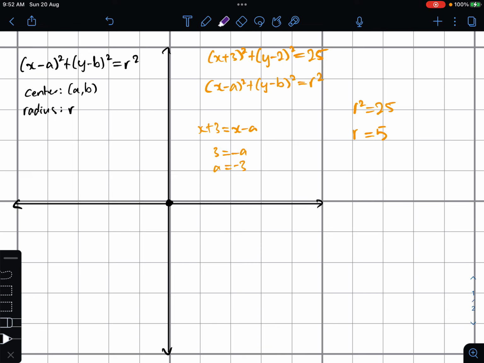So y minus 2 equals y minus b, negative 2 equals negative b, so b equals 2. Perfect. So our center, which is (a, b), can be rewritten as (negative 3, 2). So we have a center of (negative 3, 2), and a radius of 5.